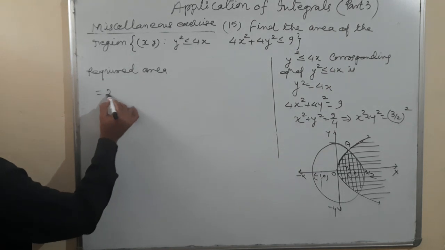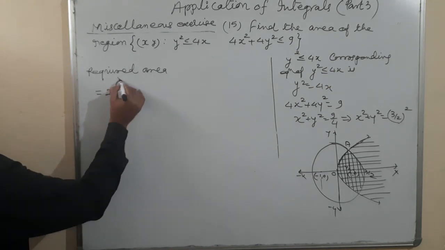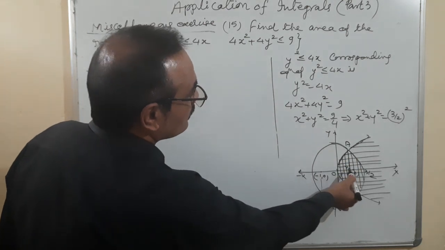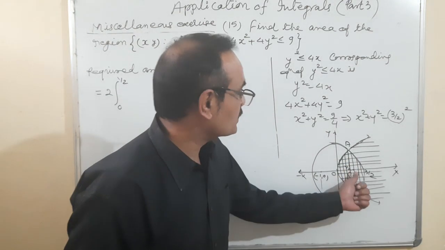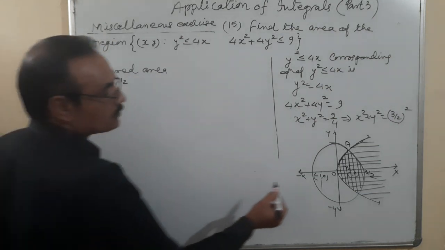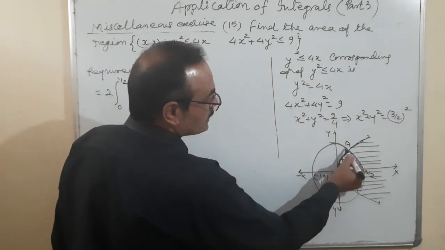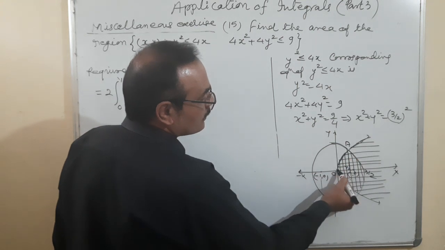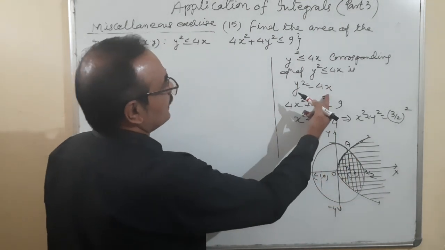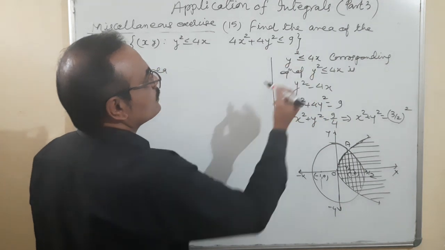So 2 outside, limit 0 to 1 by 2. What is the value of x coming? Yes, it's 1 by 2. This is a part of the parabola y square is equal to 4x, so y is equal to 2 root x.